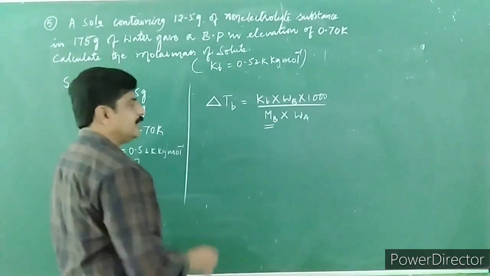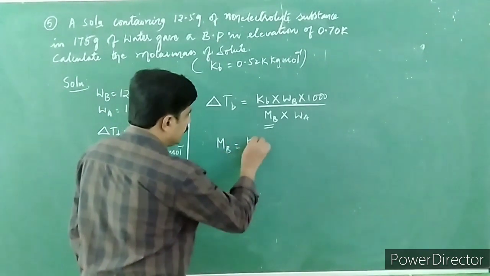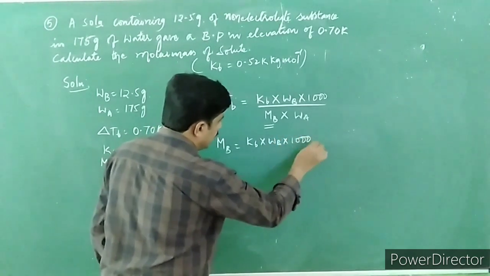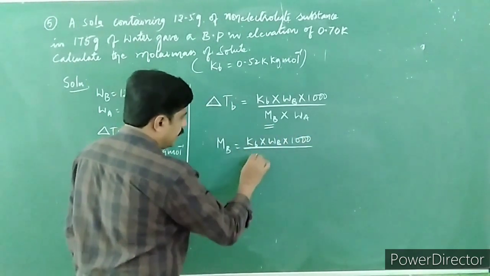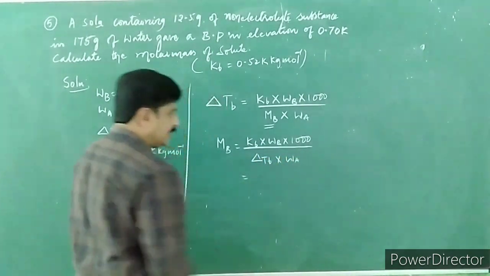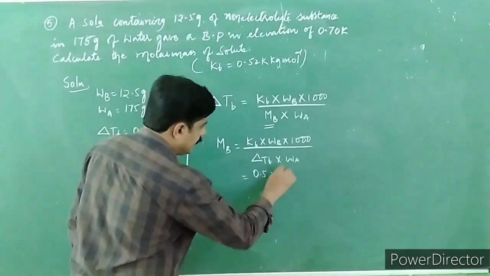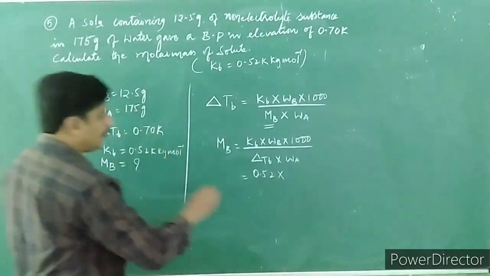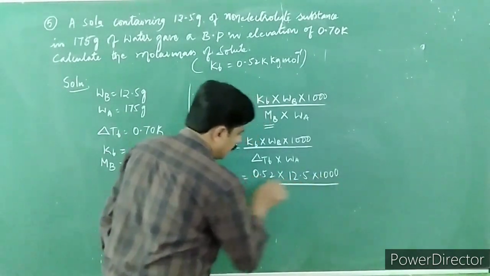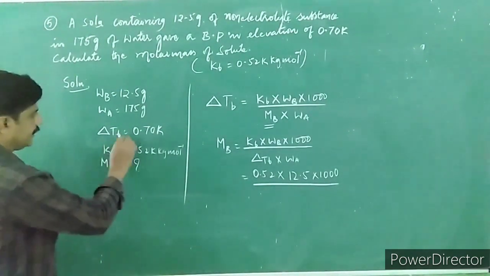I'll reshuffle the expression. MB is equal to Kb into WB into 1000 upon delta Tb into WA. Now substitute the value. Kb value, you know that 0.52. WB is how much here? WB is equal to 12.5 into 1000 upon delta Tb. How much? That you did not write, right? Written, yeah, okay.